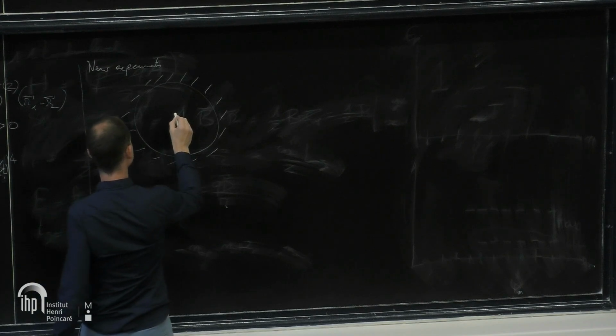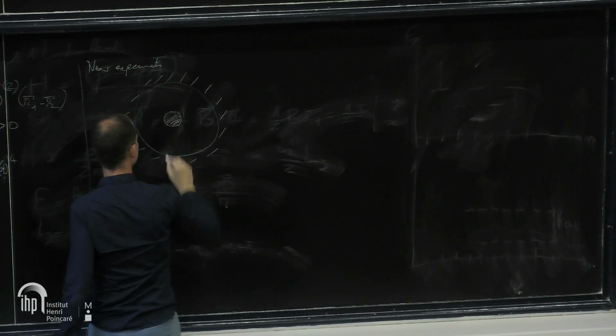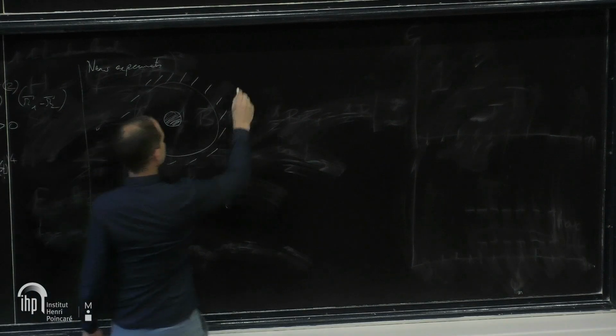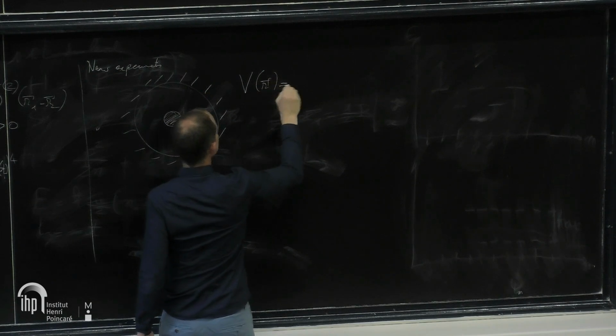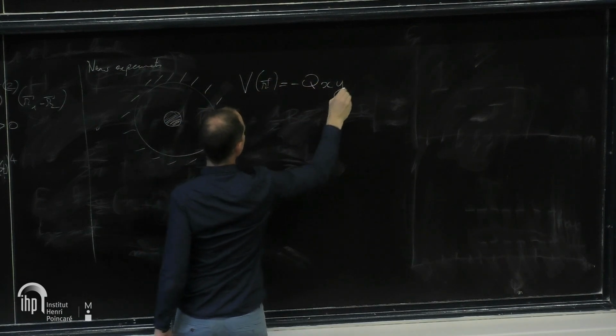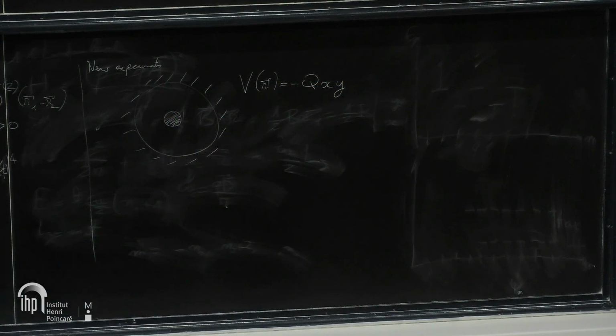His group was starting with a round Bose-Einstein condensate. And then a quadrupolar deformation was applied. So V of R, which is minus Q X Y. A rotating one, but I write it in the rotating frame here. And we know that charged particles subjected to a magnetic field follow equipotential lines.